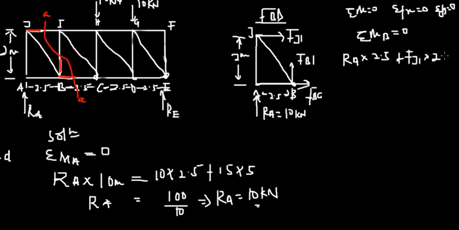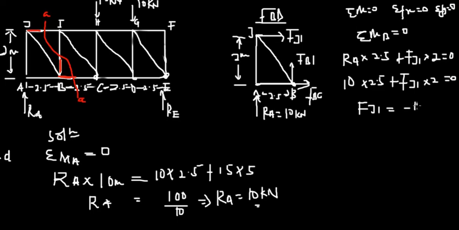So after that, you just equate that to 0 because FBI and FBC have already been explained to be 0, okay? Again, we know that RA is 10 kilonewtons, okay? Right, so we have 10 multiplying 2.5, plus FJI multiplying 2 will be equal to 0.